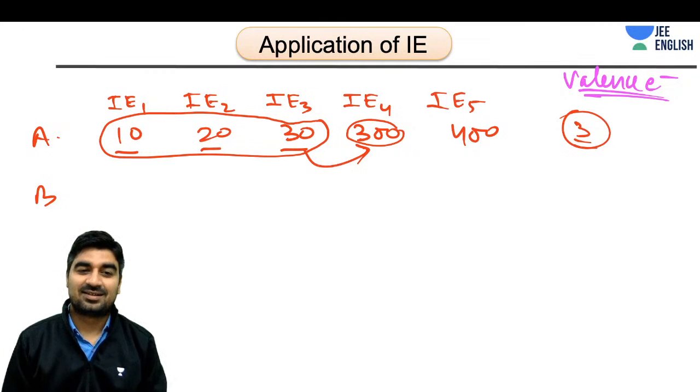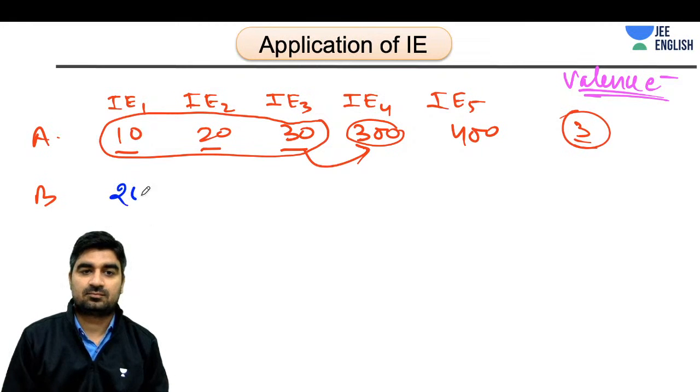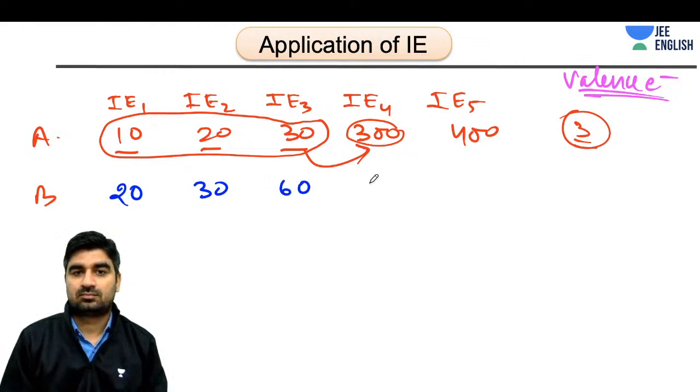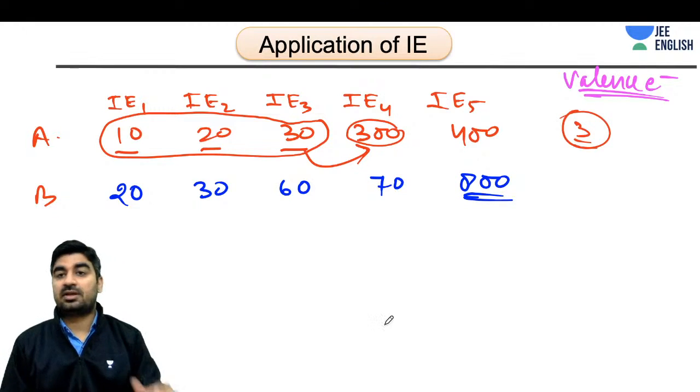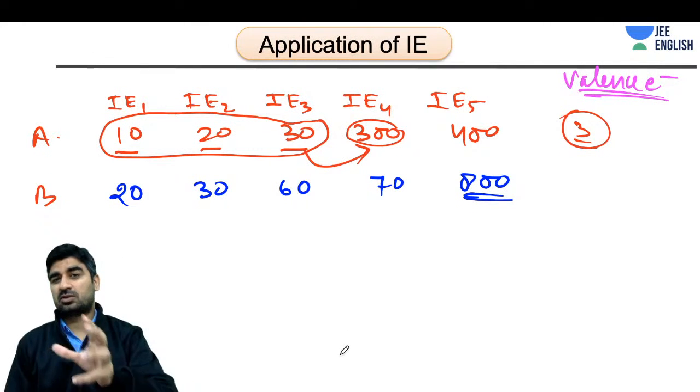Let me take the next case. How many valence electrons are possible in this? So just look for the jump.